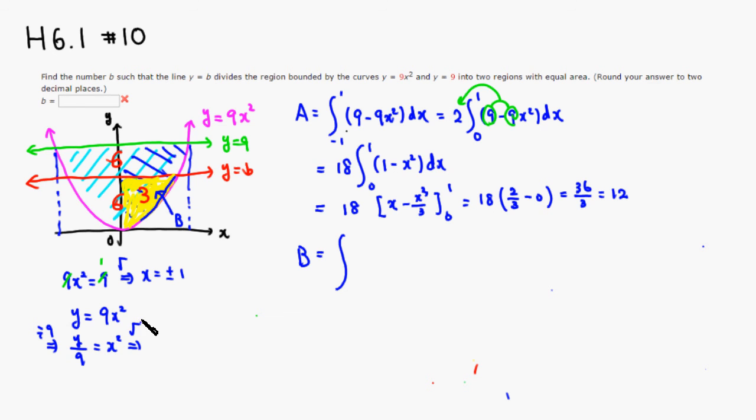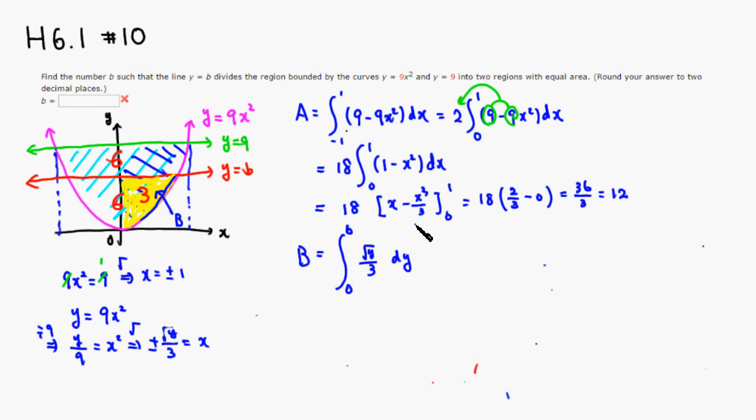By taking a square root, x is equal to the square root of y over 3. So the equation is the square root of y over 3. Then you evaluate the integral from 0 to b with respect to y.